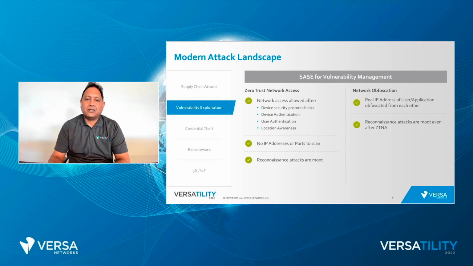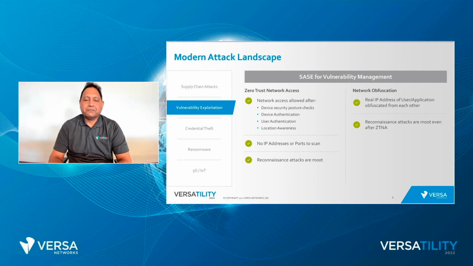So in a distributed environment like this, the zero trust network access principles ensure that the devices and users that access these resources are fully authenticated and fully vetted from a security perspective and a security posture perspective. The location from which the access is made is also factored into the access model.